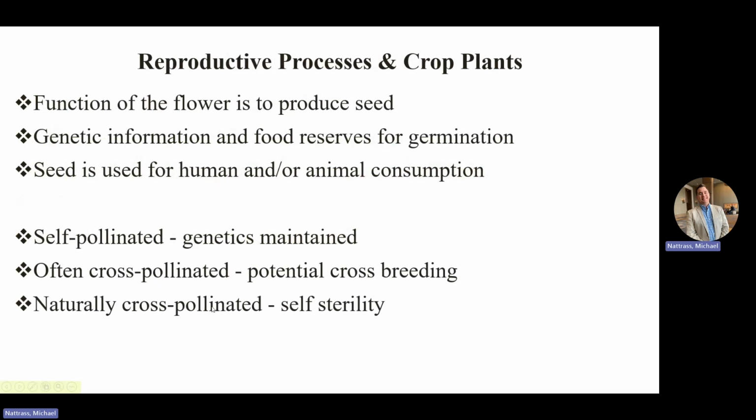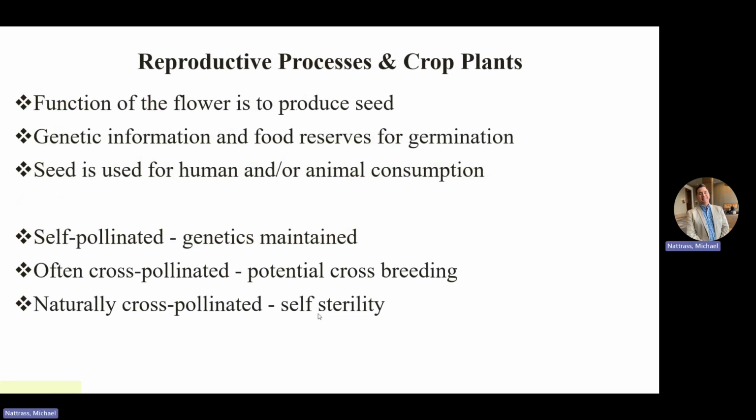And then naturally cross-pollinated. This means that it requires genetic variation. In the sense of plant breeding, there are certain mechanisms on that pollen grain that tell the plant whether it is from itself.